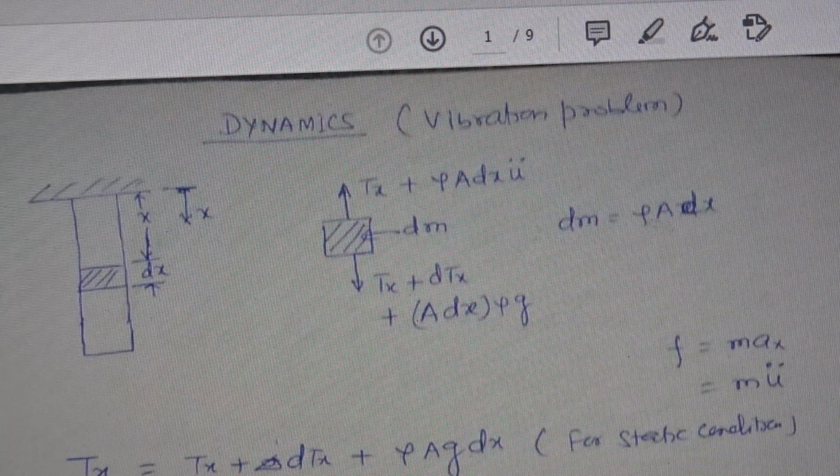This one is rho A dx u double dot plus Tx is equal to Tx plus dTx plus rho A g dx. So Tx will be cancelled. dTx by dx is equal to minus rho A g plus rho A u double dot, where Tx, you can write, is the internal force.